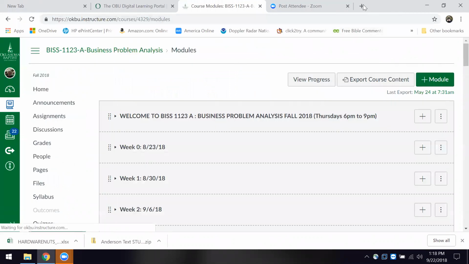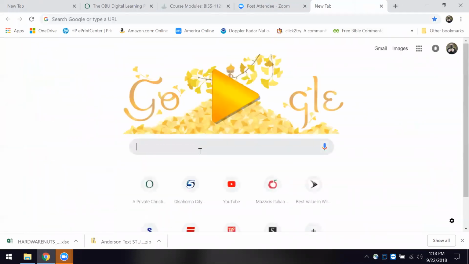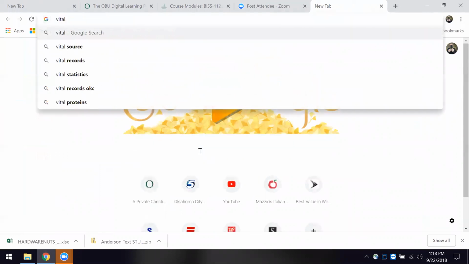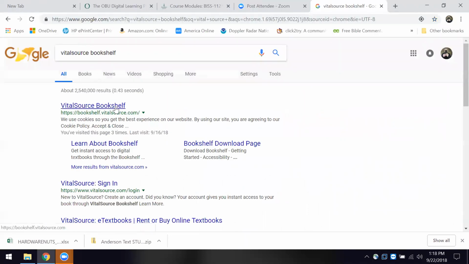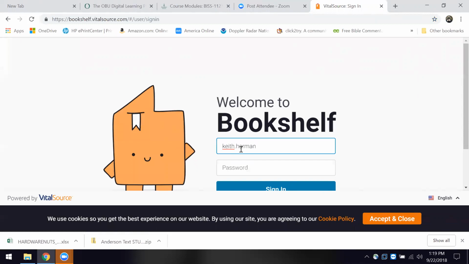Now, while I'm doing that, I'm also going to go over to Vital Source so I can get over to the textbook. I'll go to my Vital Source bookshelf and put in my email.